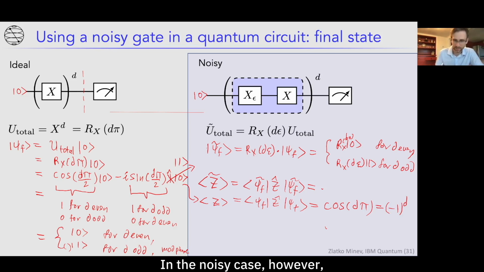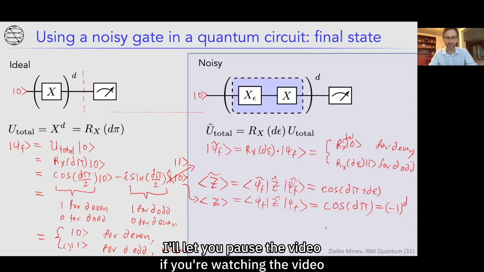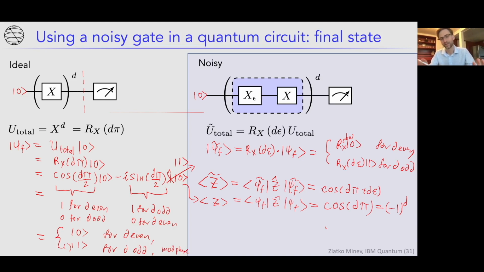In the noisy case, however, we have almost the same expression, except that it will be the cosine of d pi plus d epsilon. Okay. And in the interest of time, I'll let you pause the video if you're watching the video and work this out. And if you're in the live lecture, this will be one of the exercises.